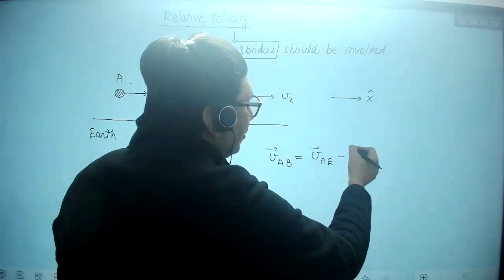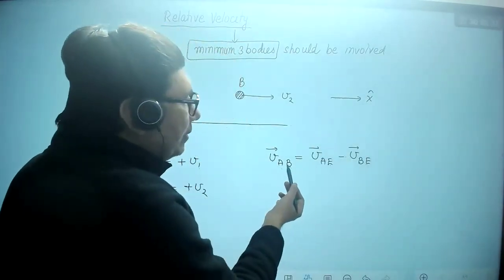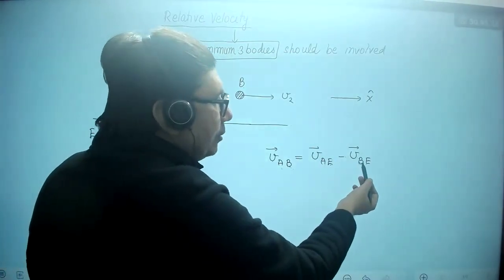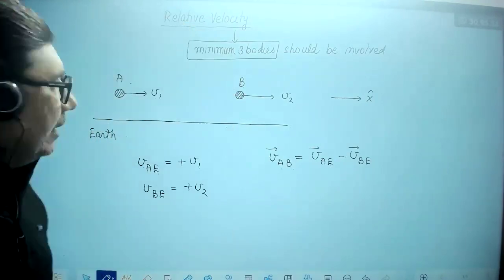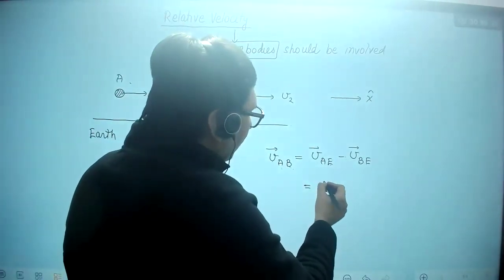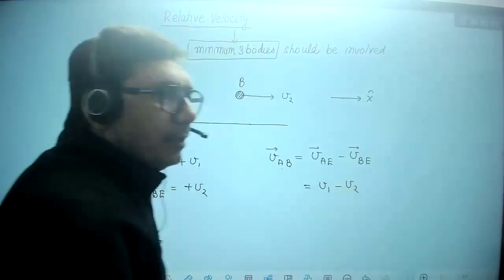Whatever is the missing body, you place it here. So velocity of A with respect to B will be velocity of A with respect to Earth minus velocity of B with respect to Earth, and it will be simply V1 minus V2.